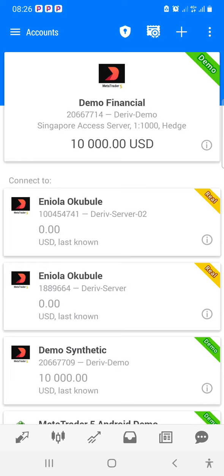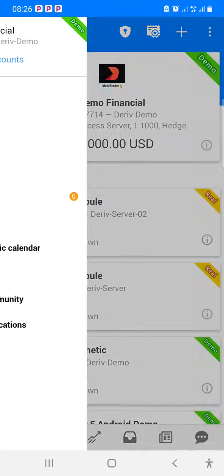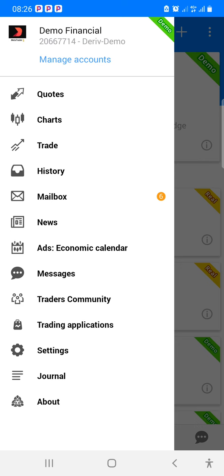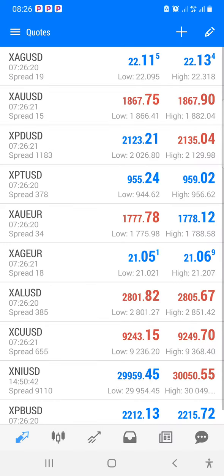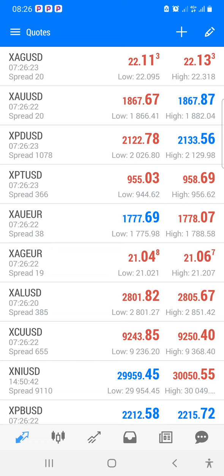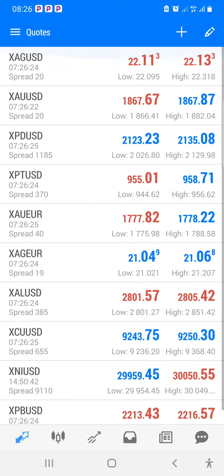Let's delve in. I'm going to be talking about the interface of MetaTrader 5 first, then we'll be talking about all other things. This is the quote price, where you see the currency pairs you can trade.